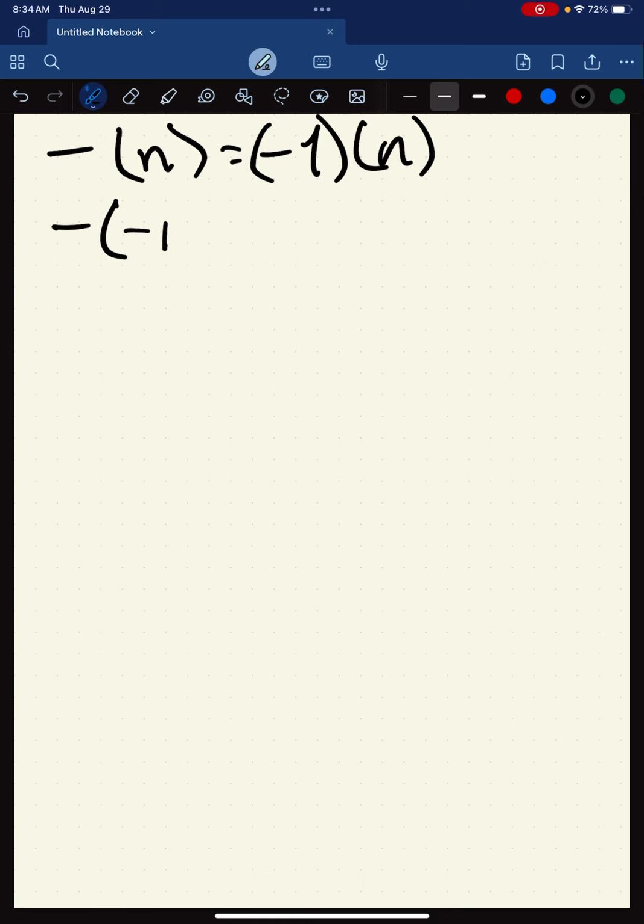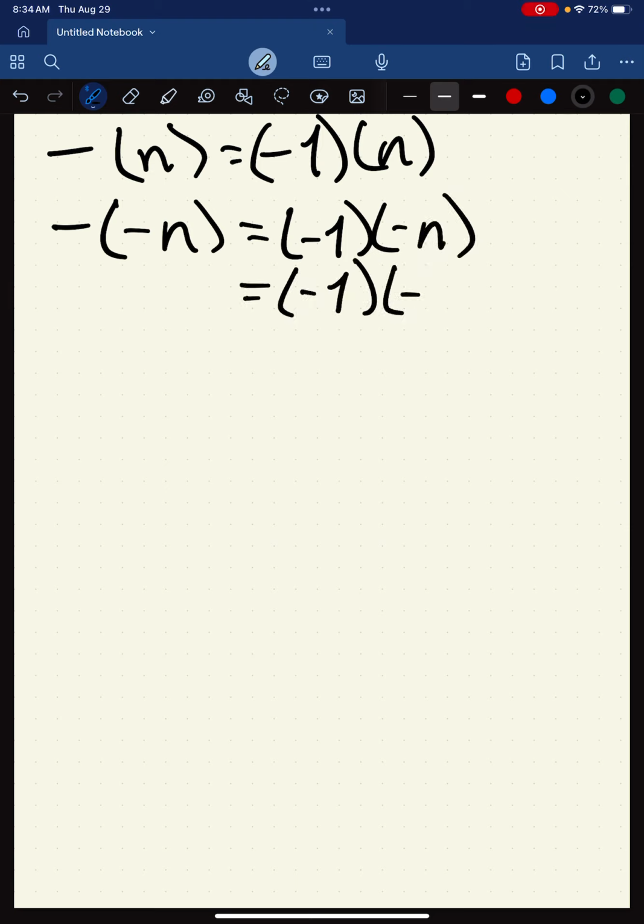And negative negative n means negative 1 times negative n, which is the same thing as negative 1 times negative 1 times n, because you can break apart that negative n into negative 1 times n.